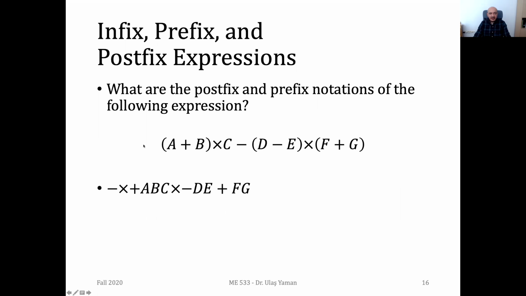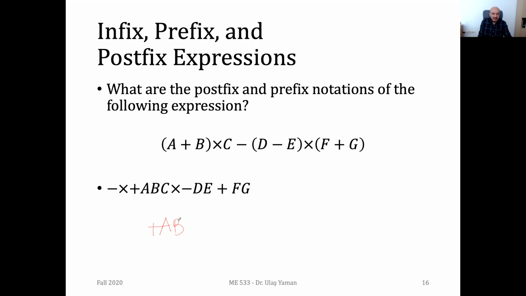So we said that we have parentheses. While scanning, we come across left parentheses, right parentheses. So we need to perform the summation first. So I can simply write A, D, and since it's a prefix expression, I need to have the operator in front of the operands. And then I have a multiplication here, which should be performed first.